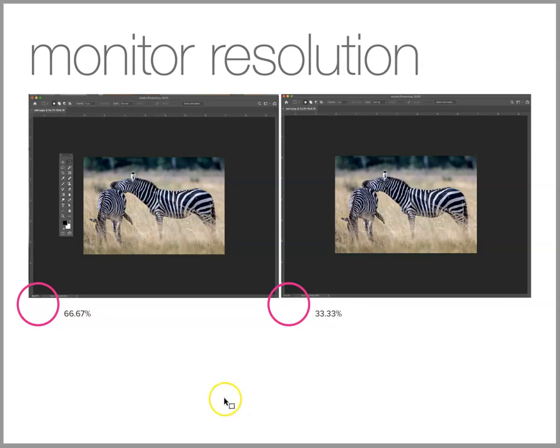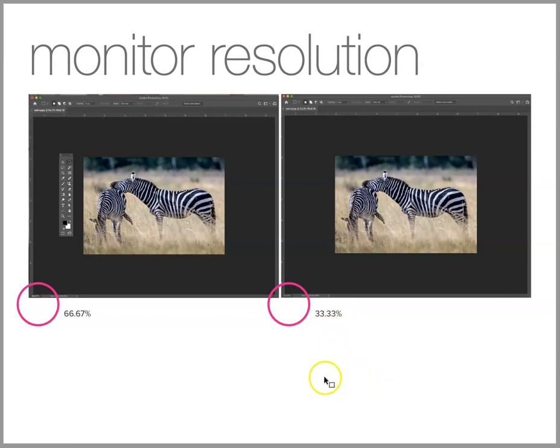And you can see that the percentage shows on my good monitor that this image is at 66.67%, and on the other monitor it's 33.33%.